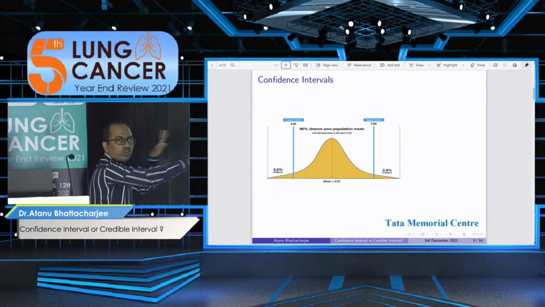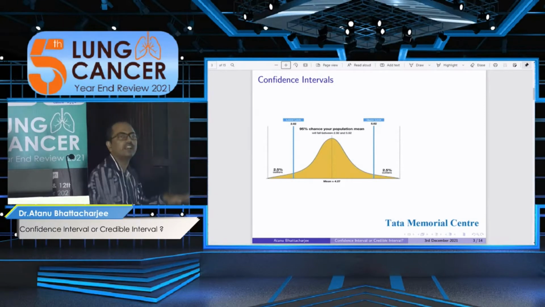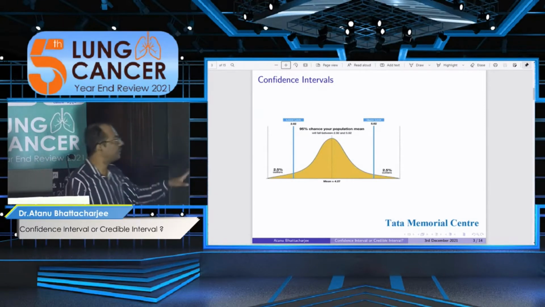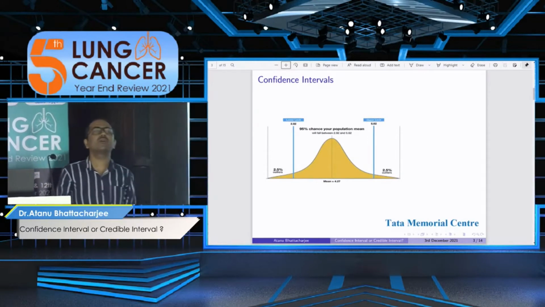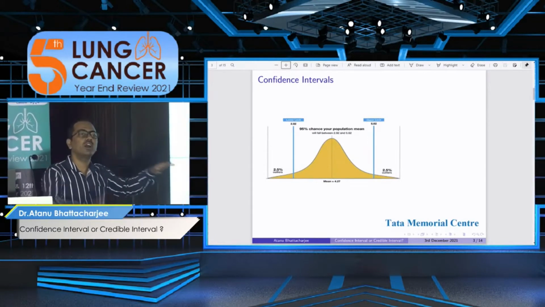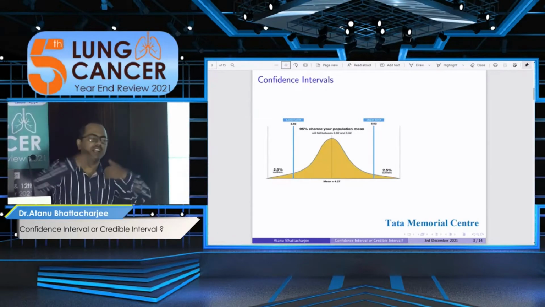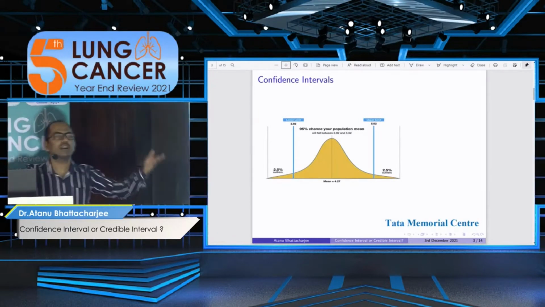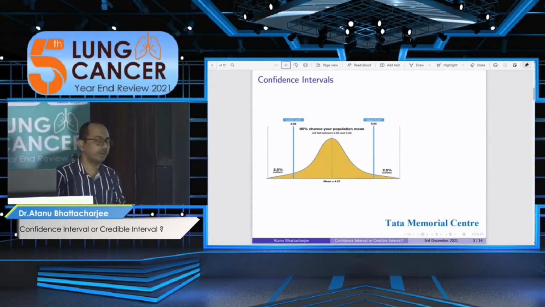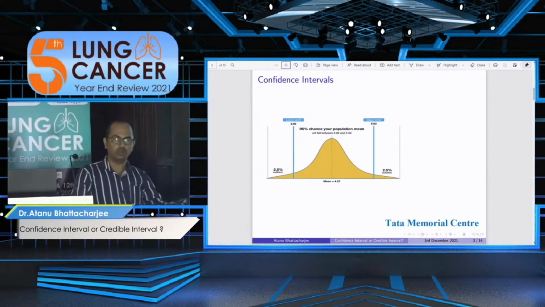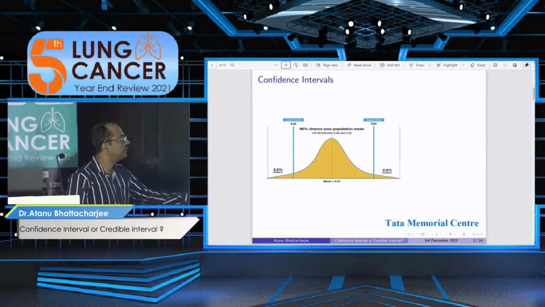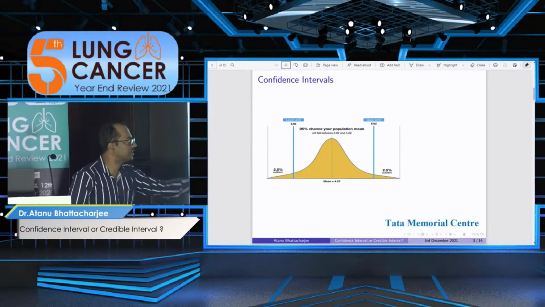But if they both overlap with each other, then we are going to say both have equal effectiveness. We are saying this based on the sample data, and we are talking about the entire world or entire country. If you give cetuximab or cisplatin, these kinds of results are going to happen. And this p-value or confidence interval lies within this range, blue to blue.